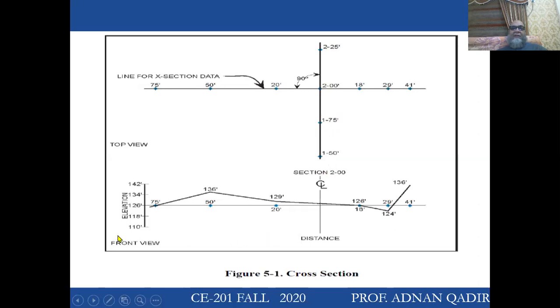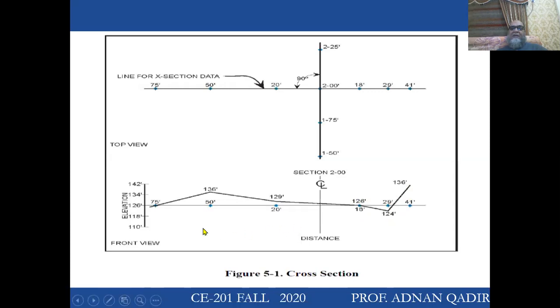Now, if I look at the cross section, there is this elevation, and this is the distance from the center line. For example, from the center line, 18 feet to the right, I have 126 feet elevation, and then further at 29 feet, I have an elevation of 124 feet, and then at 41 feet, I have an elevation of 136 feet.